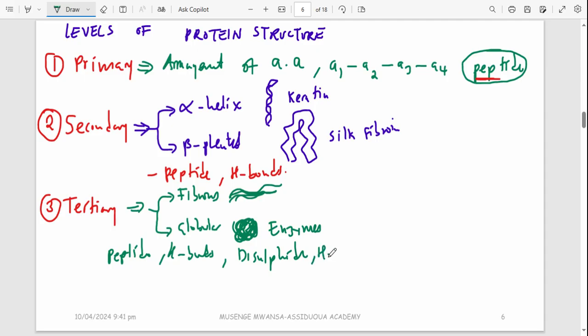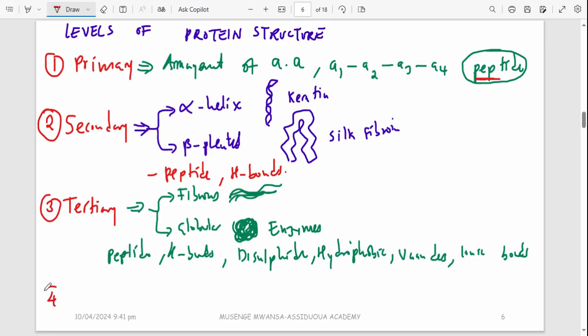We also have hydrophobic interactions, because you remember we have got some hydrophobic amino acids. Apart from that, we also have van der Waals forces, okay, van der Waals. We also have some form of ionic bonds, okay. So all these bonds are going to be found in the tertiary structure.